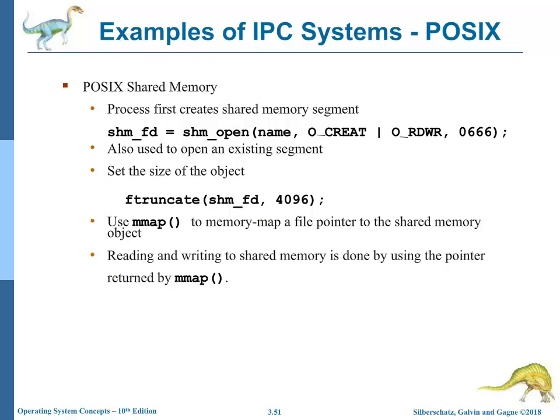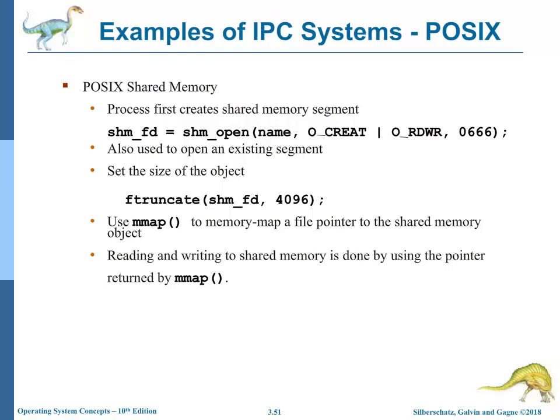So if this shm_open is successful, it will return an integer file descriptor for the shared memory object. Once the object is established, the ftruncate function is used to configure the size of the object in bytes.